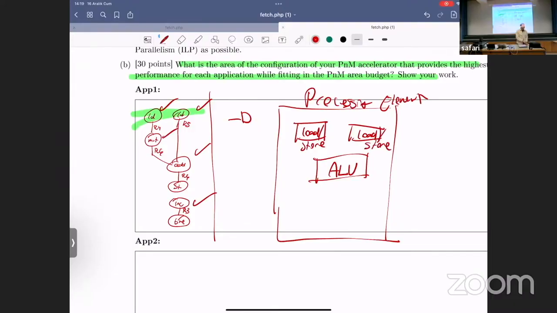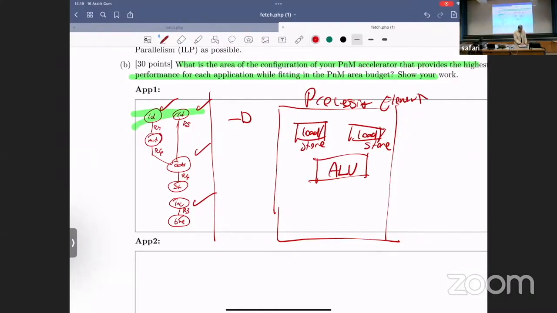Wouldn't it be better to parallelize the load and not use the second load store? No, but you cannot parallelize that. There is a data dependence between the two. You do first the first two loads, and then you do the move.